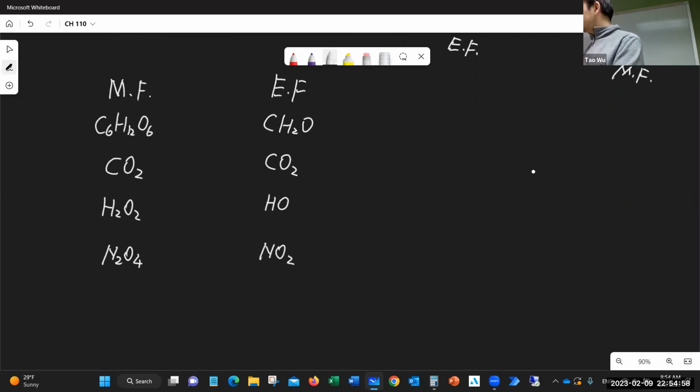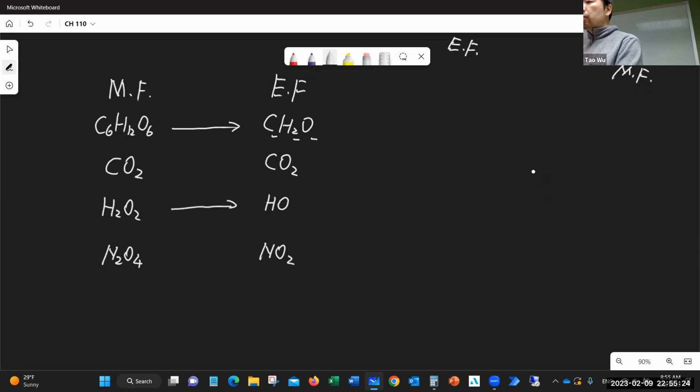Can you, based on those 4 examples, make a conclusion about what the empirical formula is and what the molecular formula is? Obviously you simplify the ratios. The empirical formula is the simplified ratio of the molecular formula.